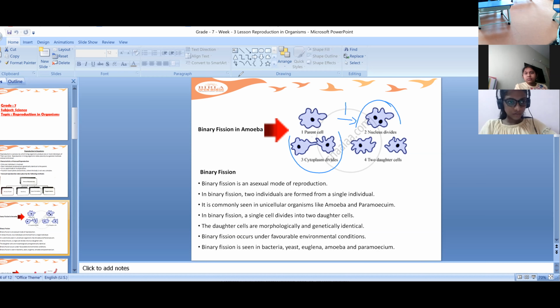In this first step, first the nucleus inside the amoeba divides into two, and then the cytoplasm divides. Then it separates into two individuals.